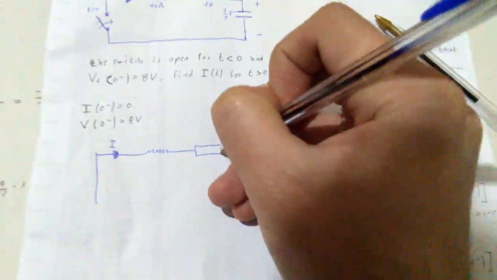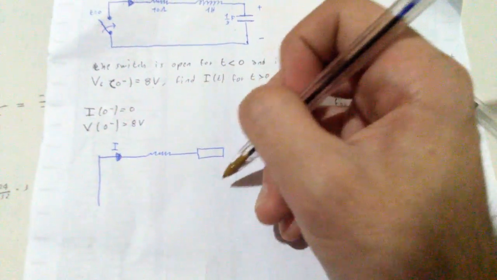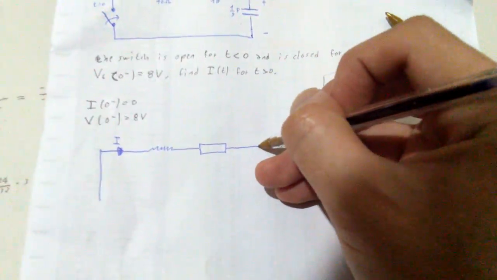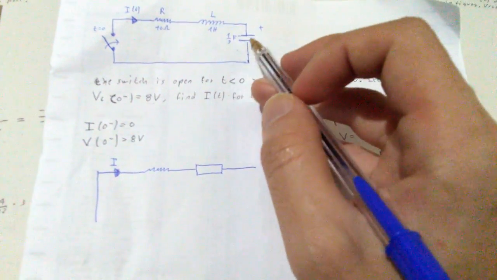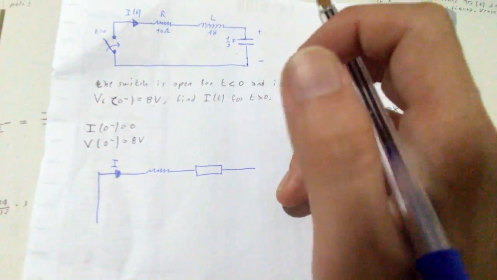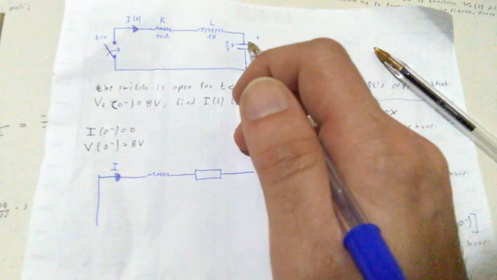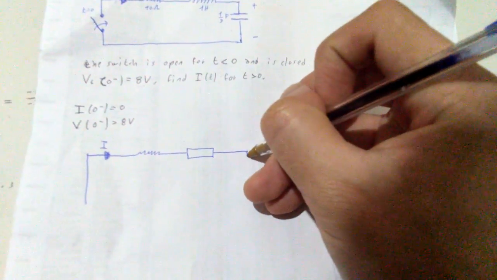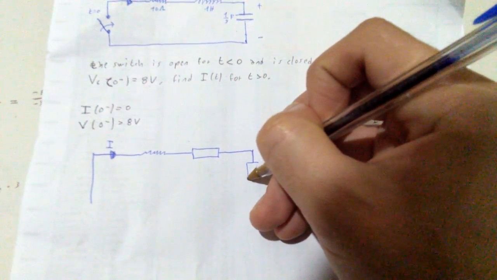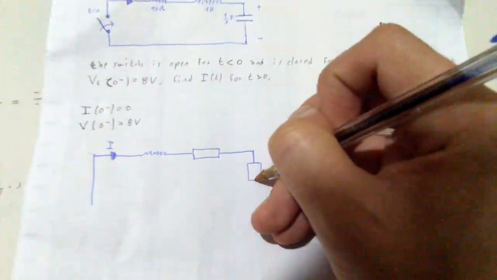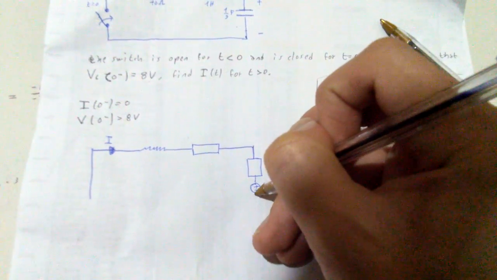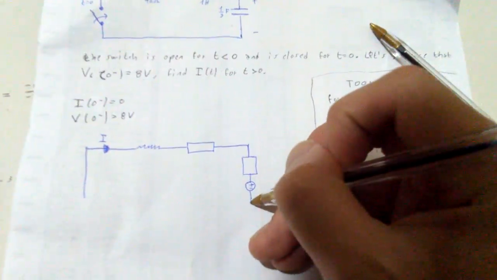I'm going to write it like this only because it's an equivalent circuit. And our capacitor is going to become a resistance plus a power source, which is going to give us a difference of potential. So I have a resistance and a power source like this, and then that's it.